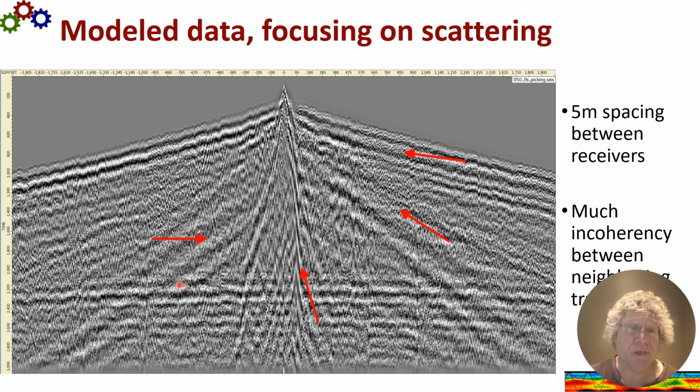And there is a strong reflector down at the bottom. But in general, there's a lot of incoherency between traces, and you have hints of reflections here and here, but the incoherency makes them fairly weak. You also have some surface waves here that are also fairly weak, but not very significant.